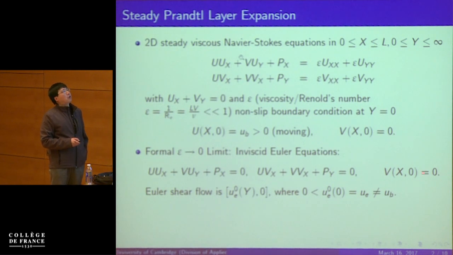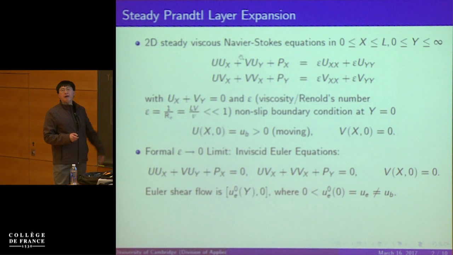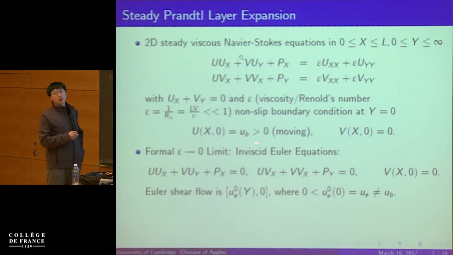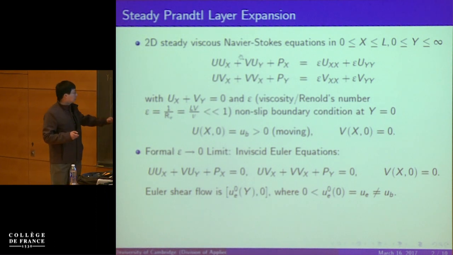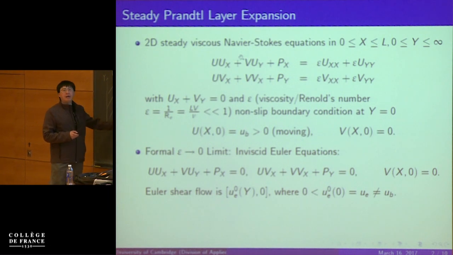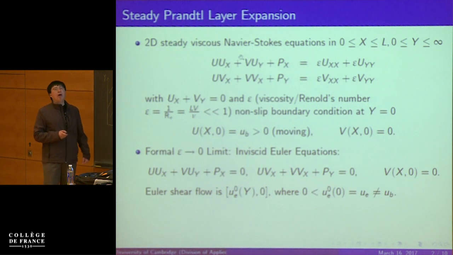It turns out for the Euler equation, this condition is enough to determine the Euler flow. In other words, if I insist on this, then there's no way I can be sure the horizontal velocity on the boundary exactly matches up with this U_B, which is our Navier-Stokes solution. So in general, there is a typical mismatch between the horizontal velocity at the boundary of the Navier-Stokes flow and the Euler flow.